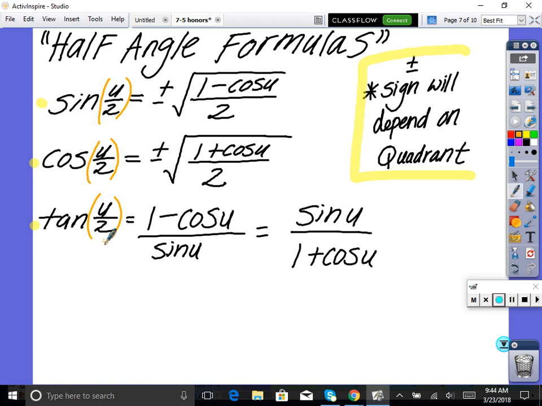Anyways, so everybody, sine of u over 2 can be rewritten as this, and this can be rewritten as this. So it's equal to plus or minus. You will not just put plus or minus.